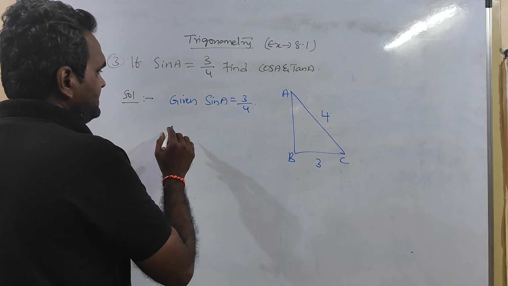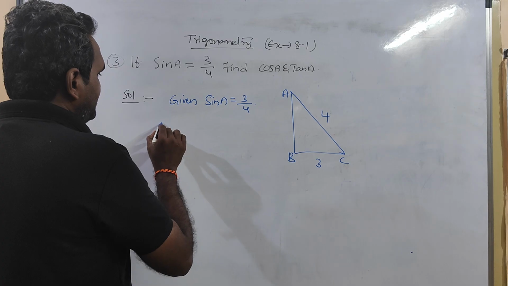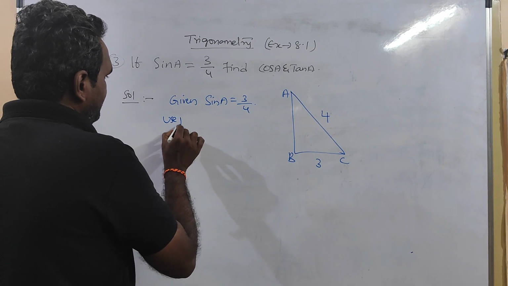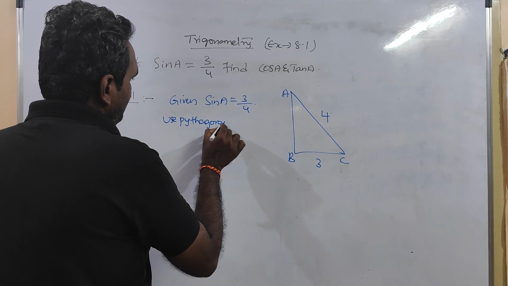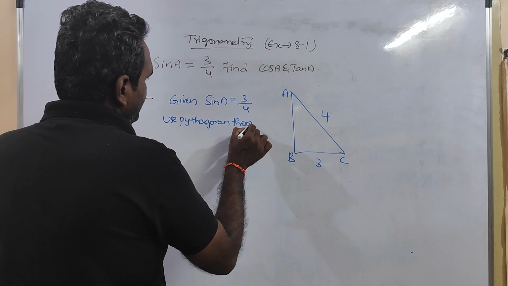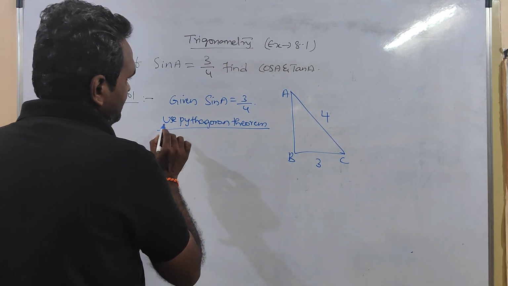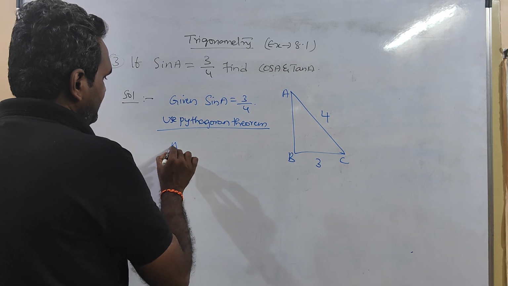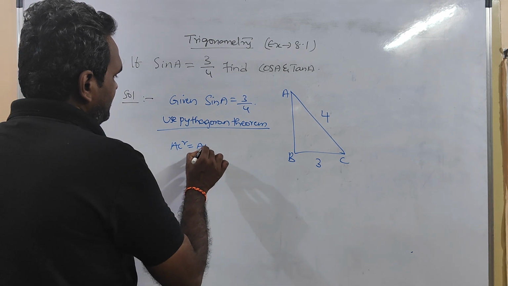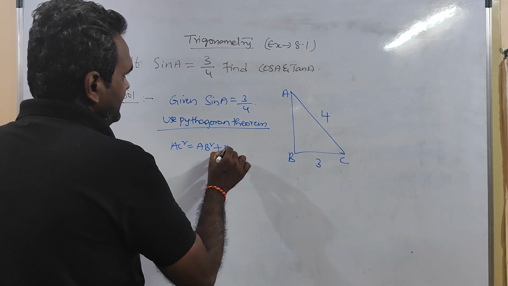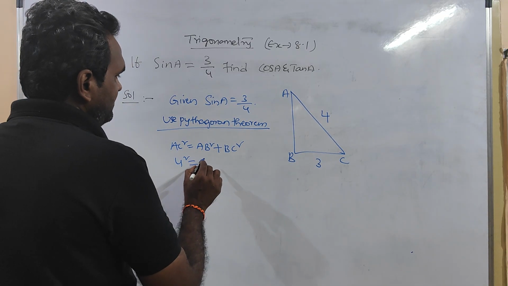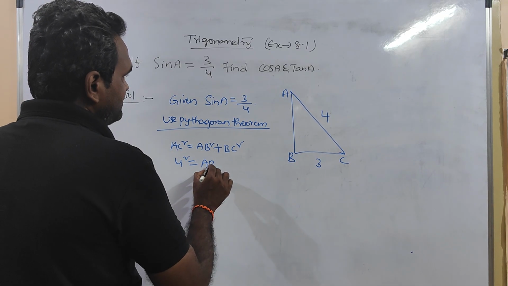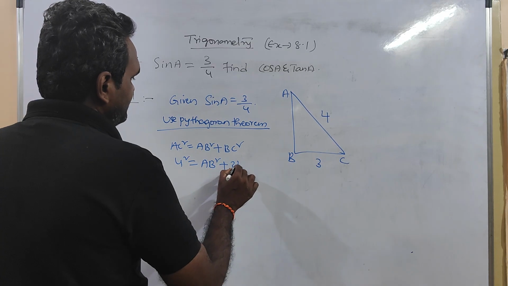Here, how to solve is to use the Pythagorean theorem. What will I get? AC square is equal to AB square plus BC square. 4 square is equal to AB square, which I don't know, plus 3 square.